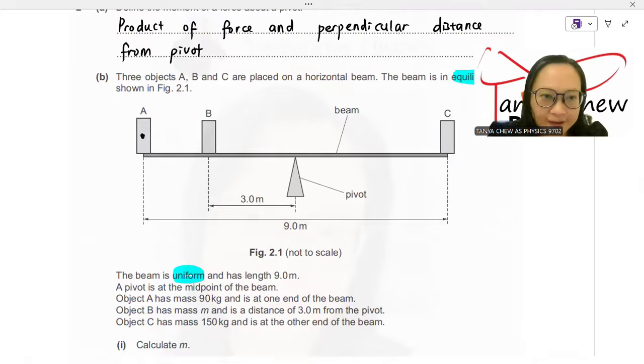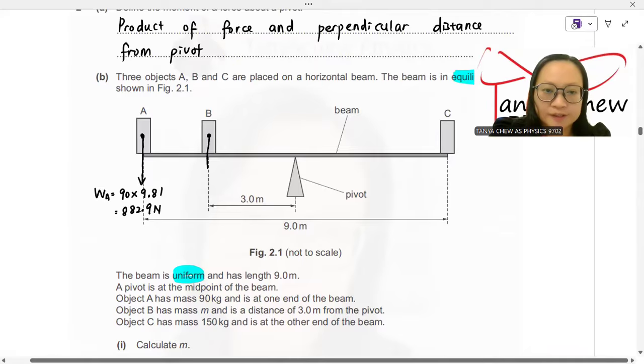Now at the center of gravity of A, this is where the weight of A is acting. Weight of A is equal to mass of A, 90, times 9.81, so I got 882.9 Newton for A. Don't bother about the significant figures or the decimal point because this is not my final answer just yet.